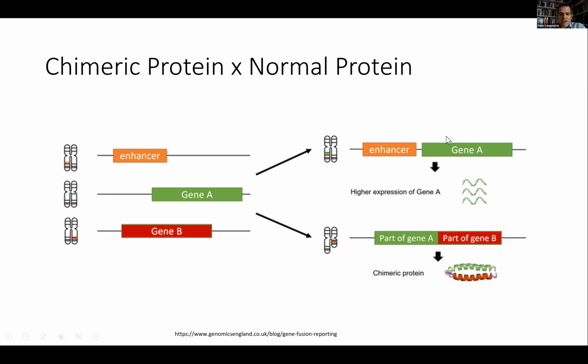And in other situations, we have an enhancer of a gene juxtaposed to another gene, and that will lead to overexpression of a normal protein, right? So in this case, we don't have a chimeric transcript. When we do RNA sequencing, we find just a normal transcript.